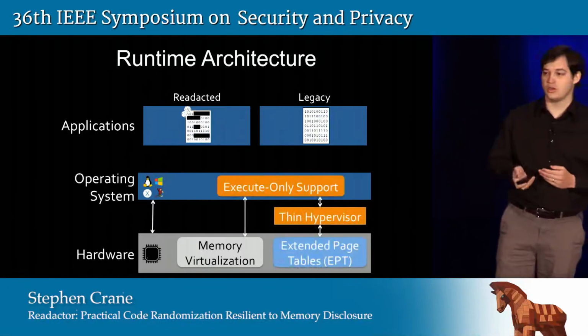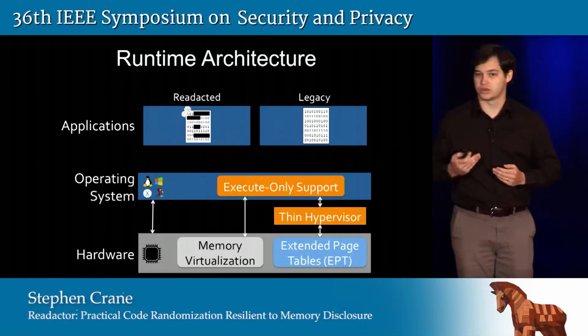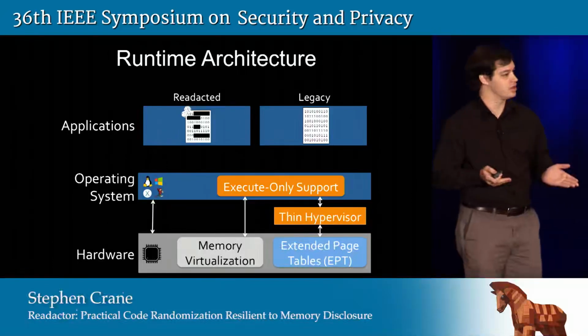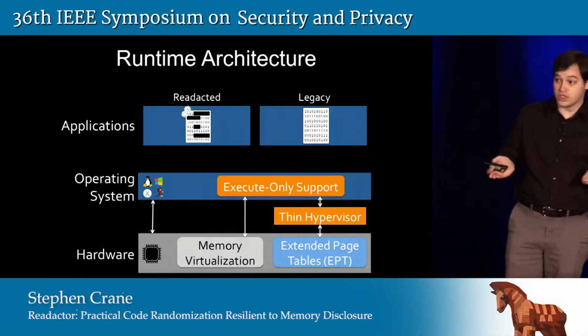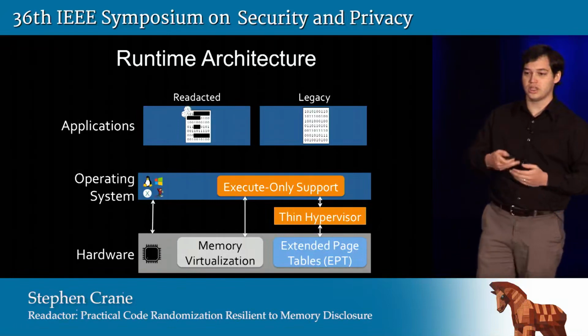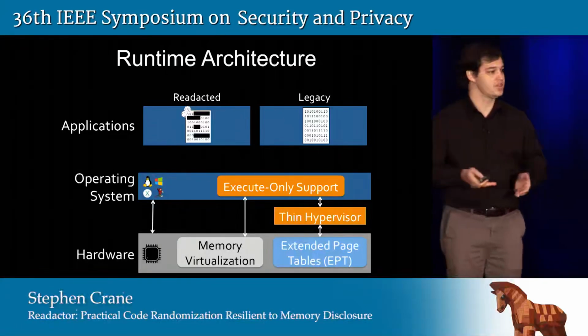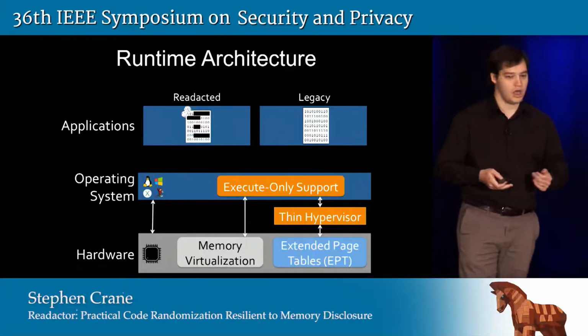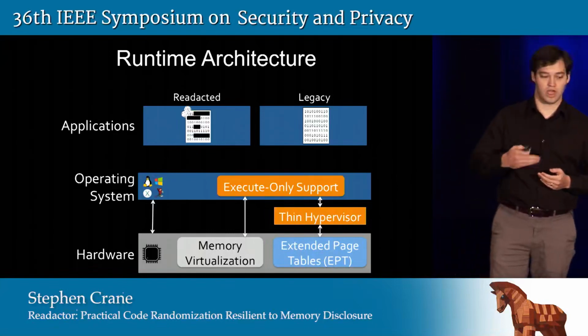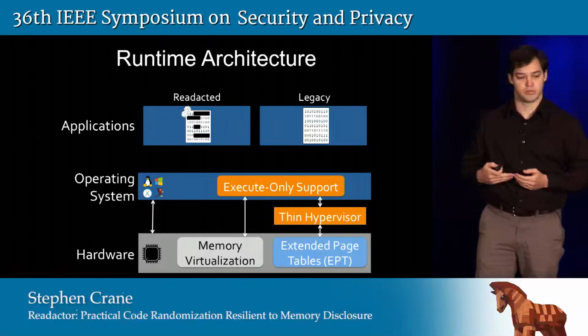Now, as I mentioned, we need the extended page table virtualization feature to implement execute-only memory on current Intel systems. To do this, we implemented an extremely thin hypervisor that only enables the EPT feature and sets up execute-only memory. It simply passes through all other information from the operating system onto the physical hardware.